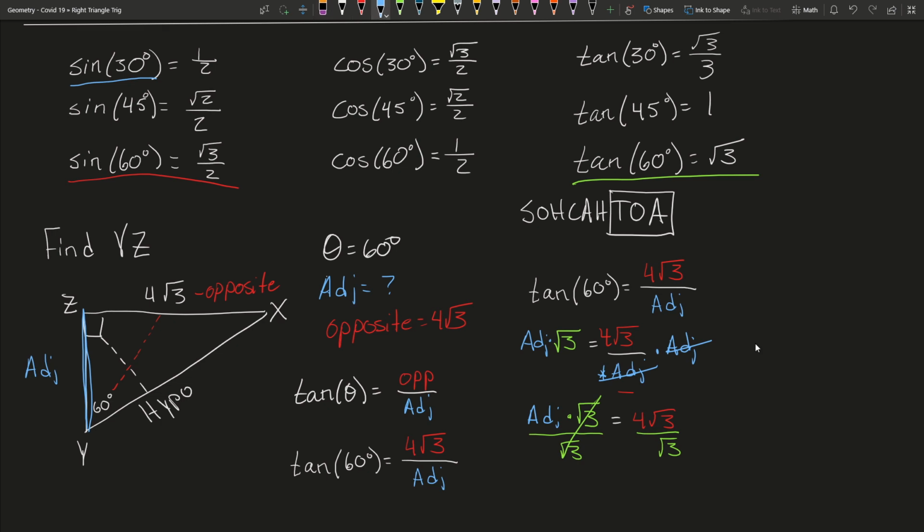And then we'd have the adjacent side is equal to 4 rad 3 divided by rad 3, which we can simplify because these rad 3's cancel. They're common factors. So then the adjacent side is just equal to 4.